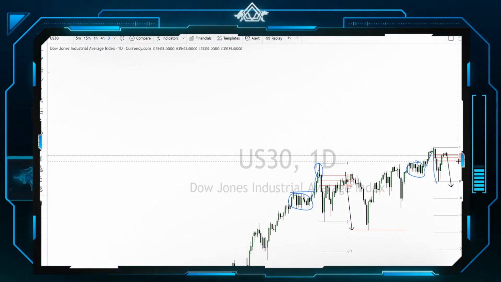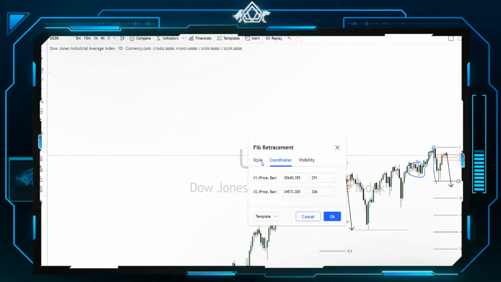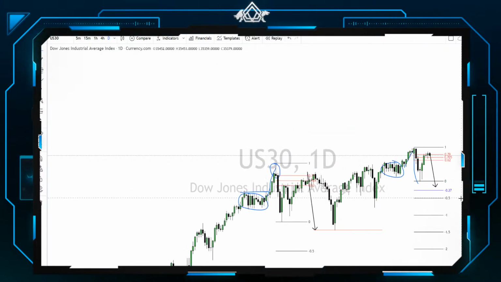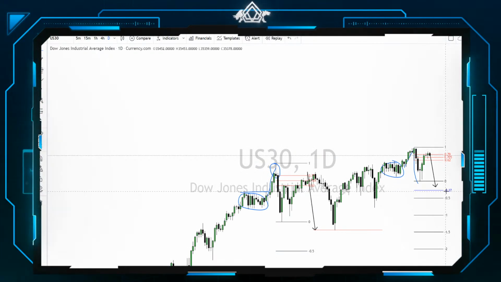Okay, if we would place here just minus 0.27, okay, minus 0.27 retracement of the fib, then you can measure this out in numbers.